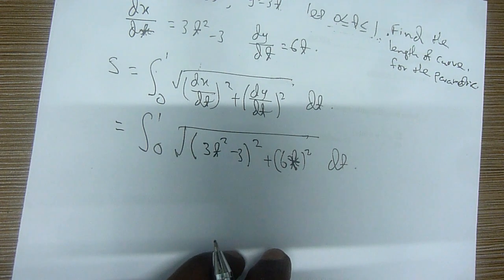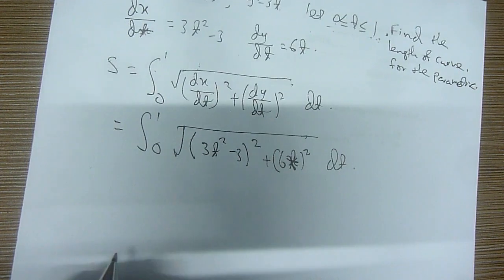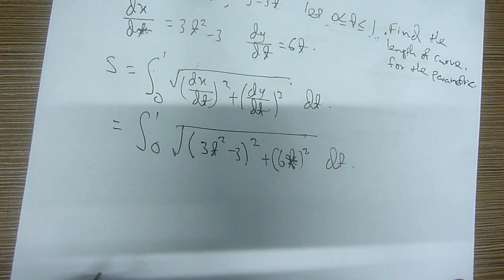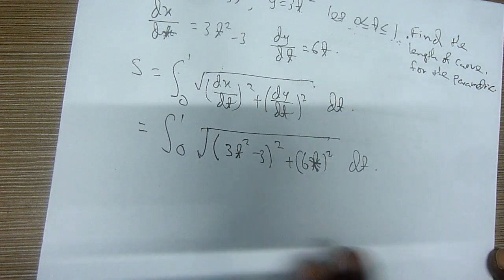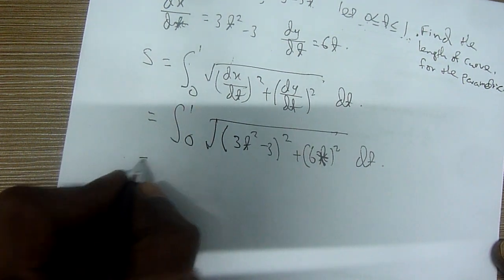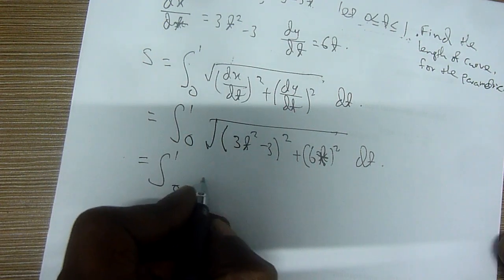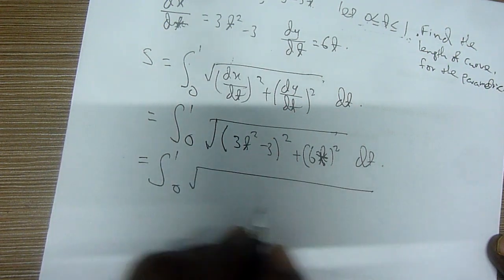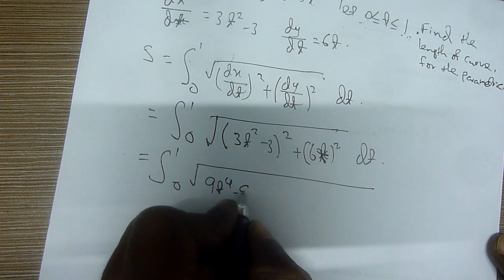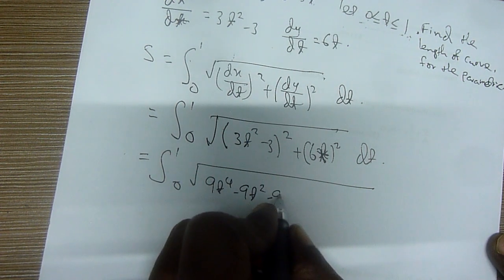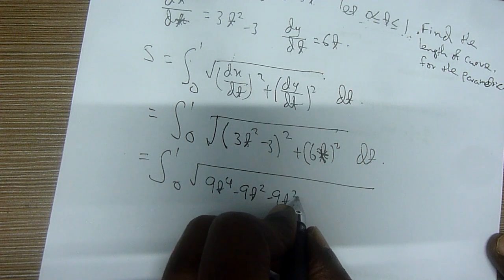How to solve? Expand. The only choice you have is to expand this. You cannot expect to solve this problem any other way; the only way is expanding. Then t^4, t^2, 9t^2.